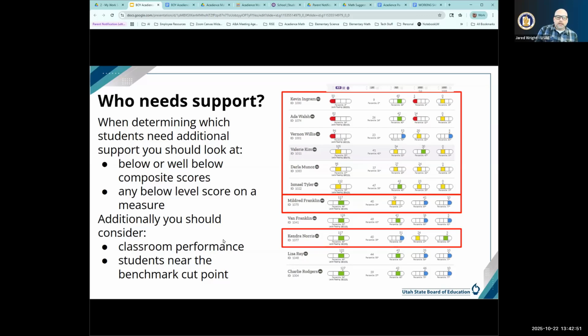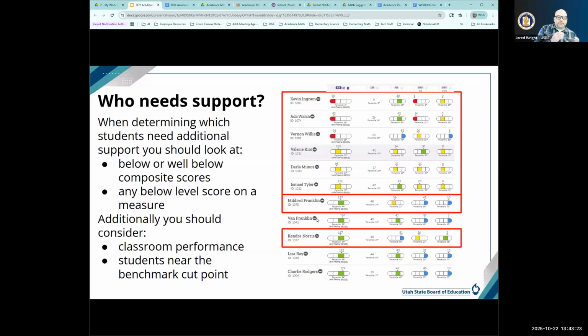Are they showing up to class? And then also another look at classroom performance. As you give tests and assessments within class, is the data that you're seeing through Acadience aligning with what you're seeing in the classroom? And if it's not, why is it not? That's what you're going to want to dig into a little bit more.